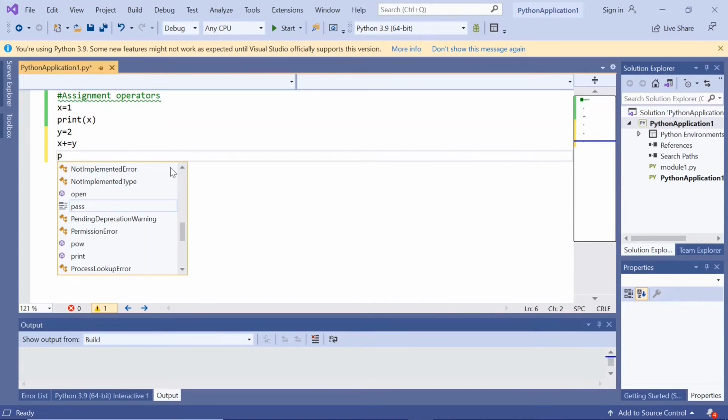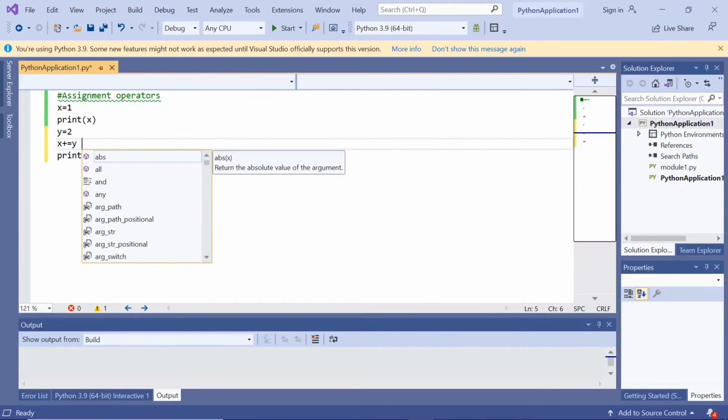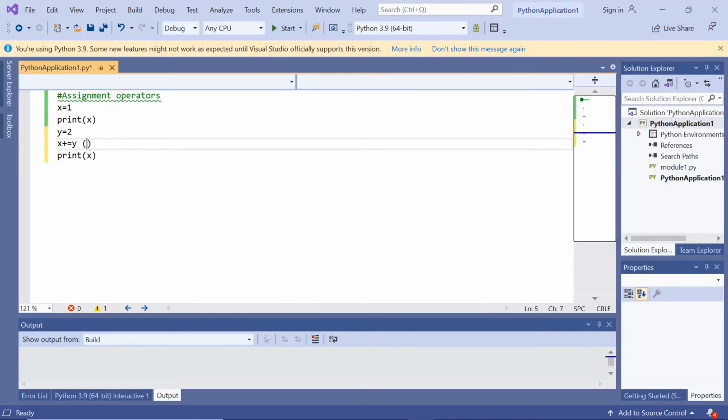Now if I print x, x plus is equal to y means x is equal to x plus y, that is 1 plus 2 is equal to 3.